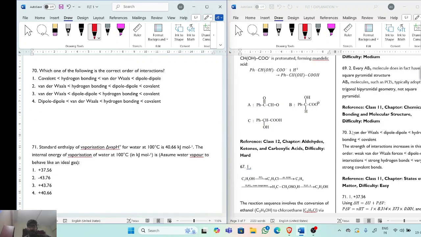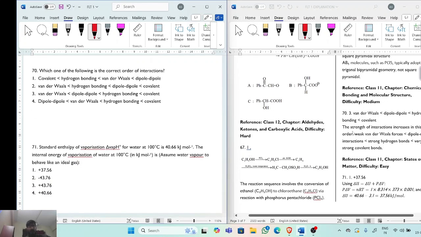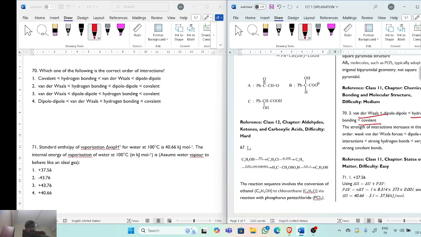Now question number 70. Which one of the following is the correct order of interactions? We have to tell the order of these forces. We know van der Waals force is the weakest interaction, followed by dipole-dipole, then hydrogen bonding, and then the strongest interaction, which is covalent bonding.